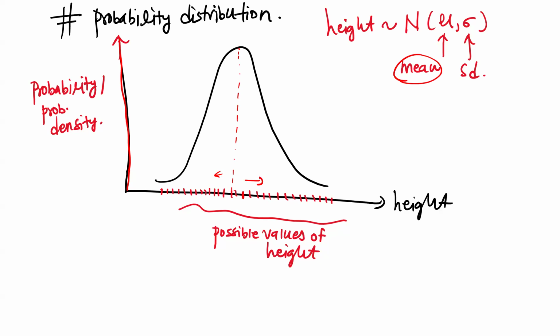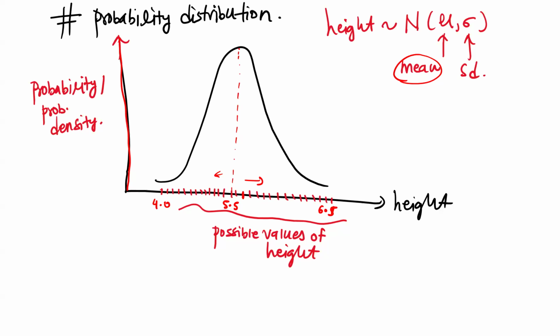Let's say the mean was at 5.5 and this is 4.0 and this is 6.1, 6.5. Let's say these are all actual people in a room.